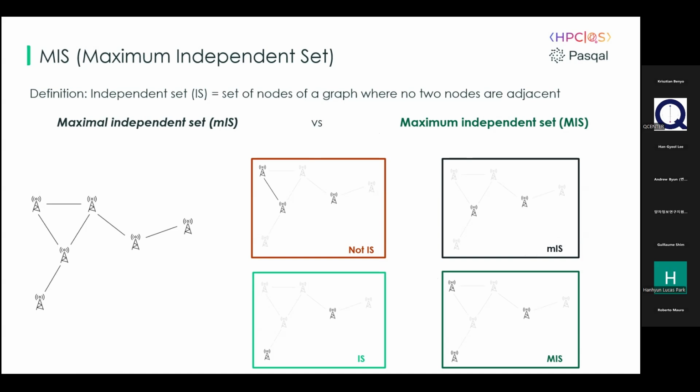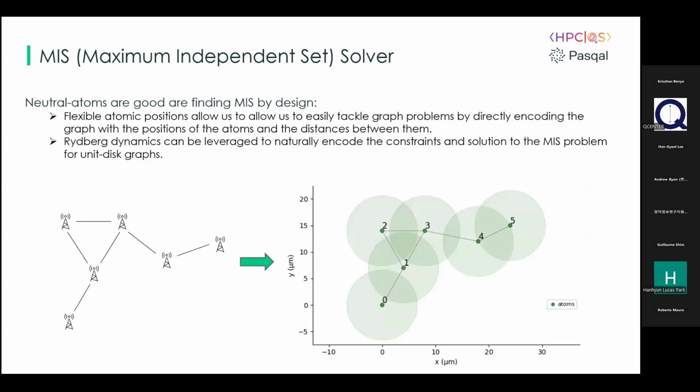So the important part is still the independent set selection procedure, but this distinction between maximum and maximal will play an important role in the algorithmic design itself. As we have discussed, neutral atom systems are particularly good at encoding graph structures, due to the fact that the physical experimental design relies on sending laser pulses to the system to excite it, and excitation, or interaction, can only happen on a distance-based relation.